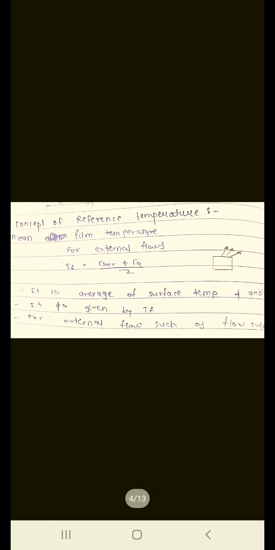Next, we will see the concept of reference temperature, in that mean film temperature. For external flows, mean film temperature TF is equal to T surface plus TA ambient temperature divided by 2. So it is the average of surface temperature and ambient temperature.